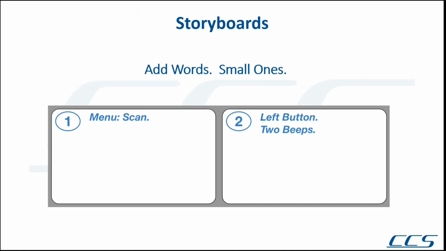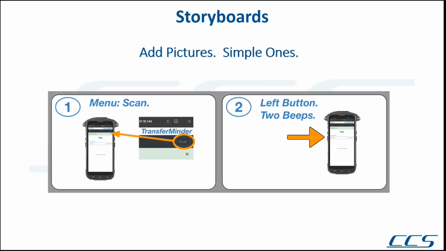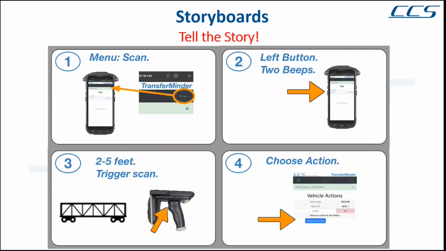Let's add a few small words. Keep it really brief. Let's add some pictures, simple ones, straight to the point, and then let's put them all together. So we have our story right here. This is a four-step process, and this helps me get through exactly what I want to communicate to whoever's using the system.